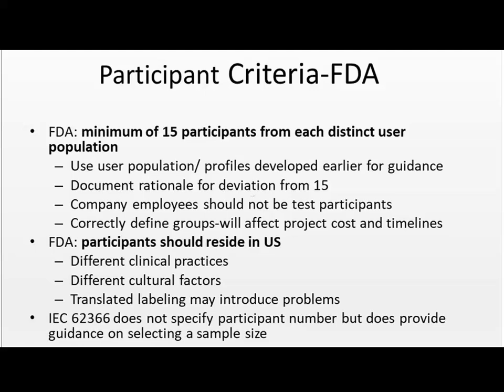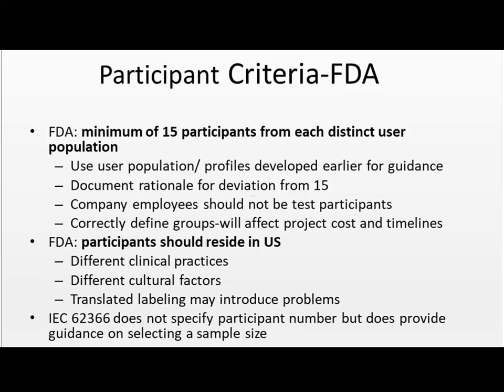What they're saying is there must be a minimum of 15 participants from each distinct user population. And these are based on the user population groups and the profiles that were developed earlier. Now, if you cannot get 15 people, you must document a rationale for not having 15 people.